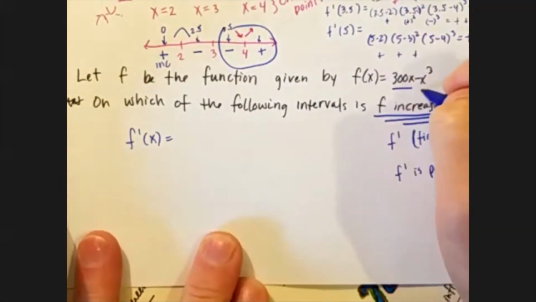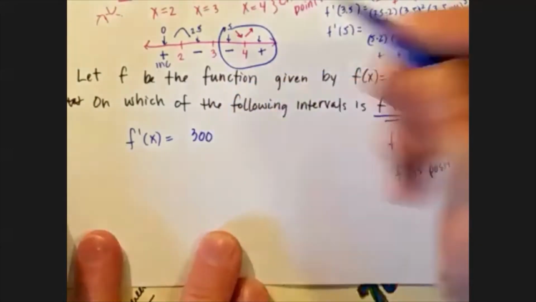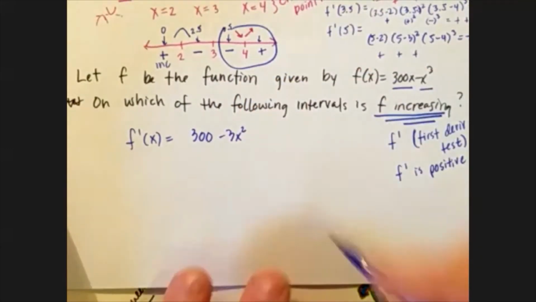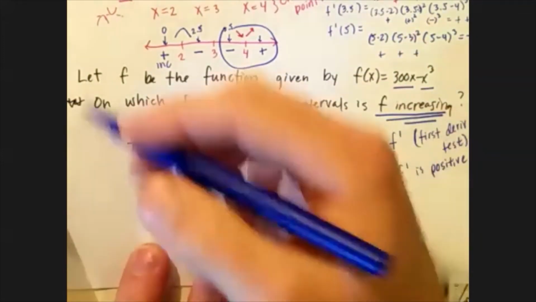Negative x squared plus 300. You're really close. I got negative 3x squared plus 300. You wrote this the other way, and that's absolutely fine. You can change the order of that if you'd like.